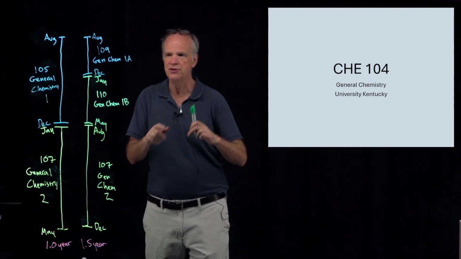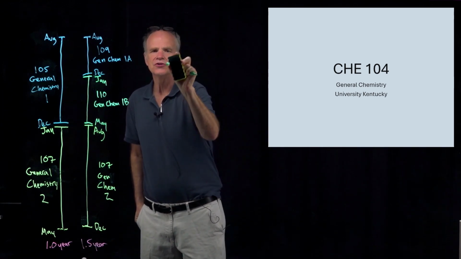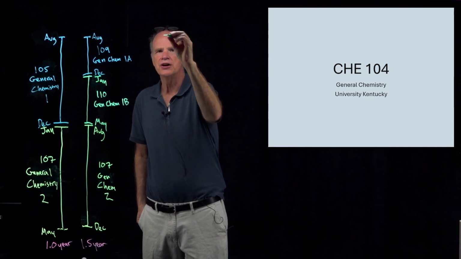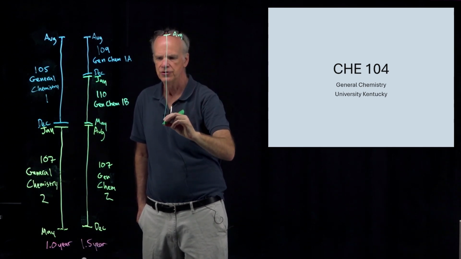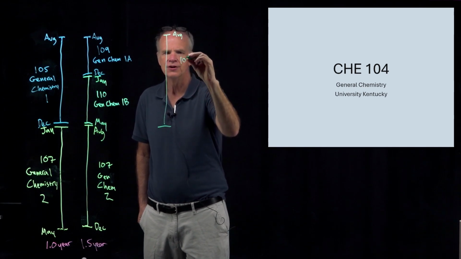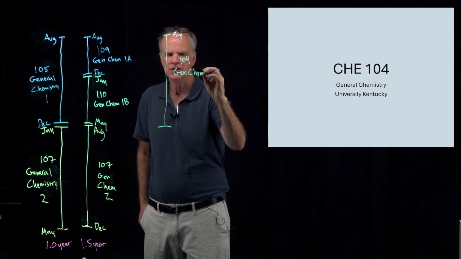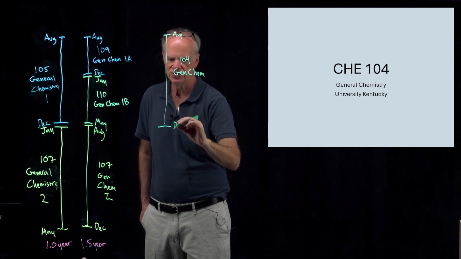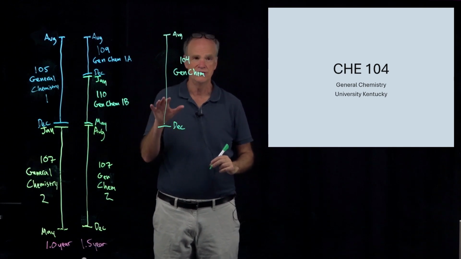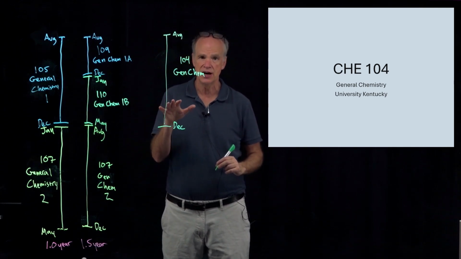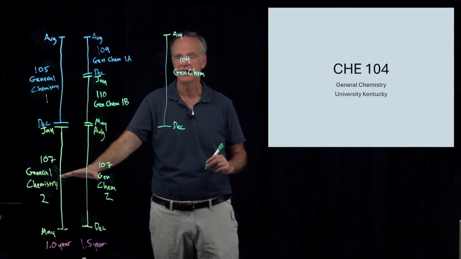If you're in this class, here's the way I think about it. Let me draw this up here. You start out here in August, and you're taking Chem 104, a general chemistry class, and it ends, as you might expect, in December. So the question is, what do you cover? This class covers the most important aspects of the traditional class.